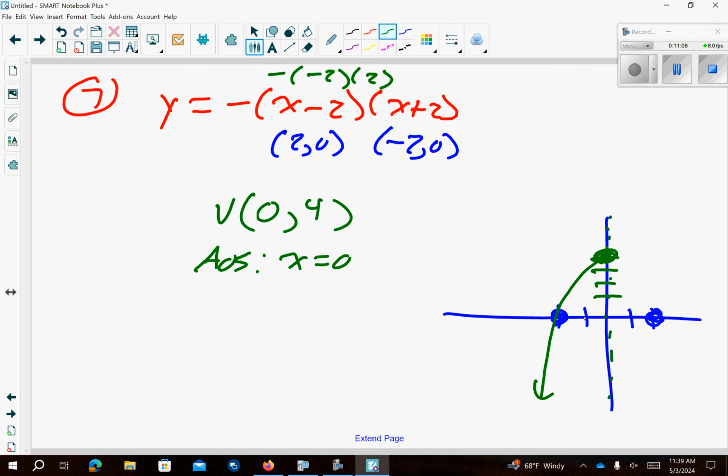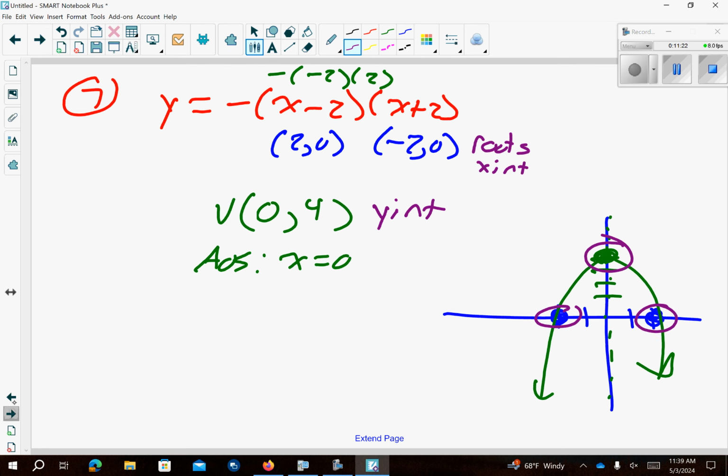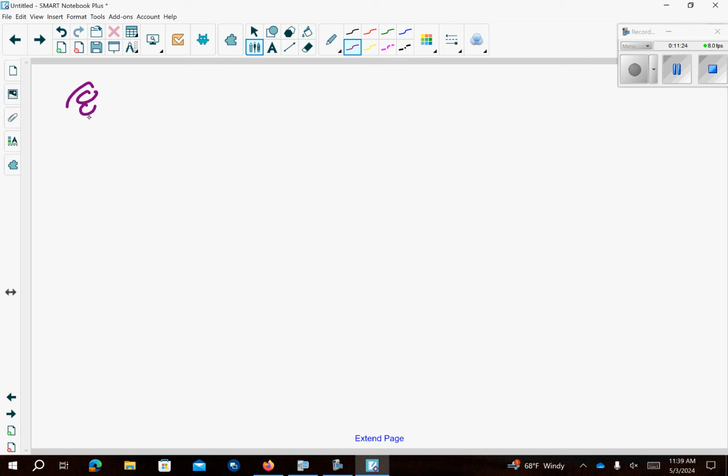So there's enough here. So the vertex, because it's here, this is also our y-intercept. And that's all we have. And our roots, these are our roots or our x-intercepts because that's where it crosses the x-axis. We see it exactly. Number 8, last one for the day.